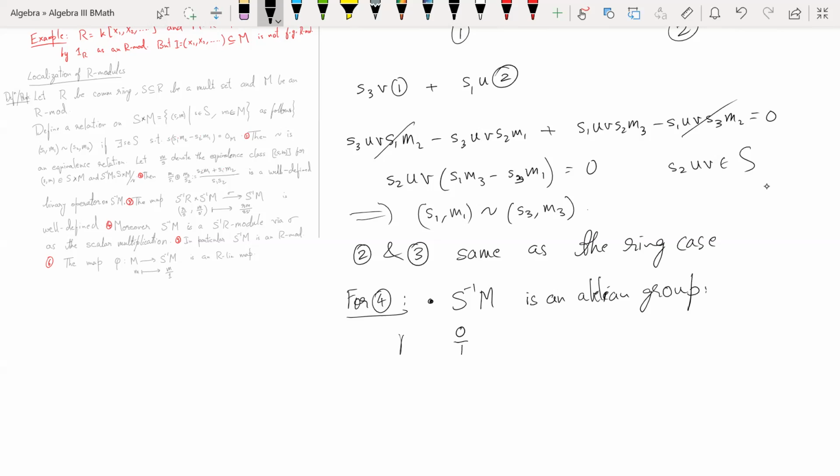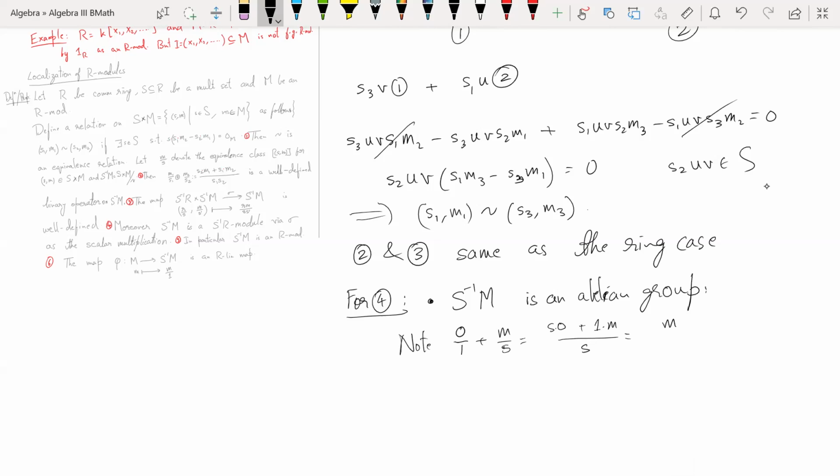So note 0 over 1 plus M over S by definition is (S times 0 plus 1 dot M) over S, and anything times the 0 element of the module is 0, and 1 dot M is M. That is one of the module axioms.